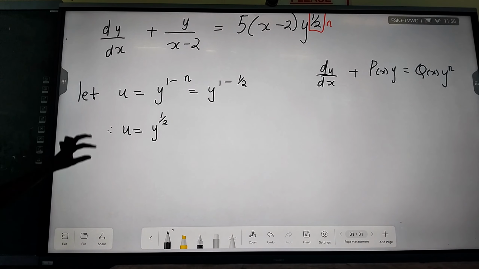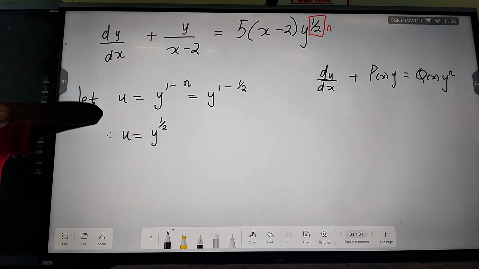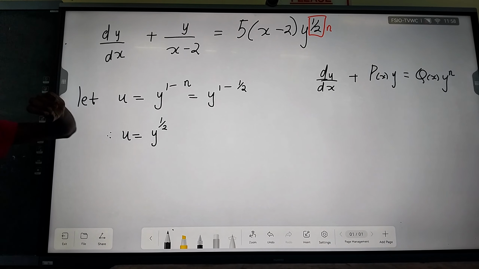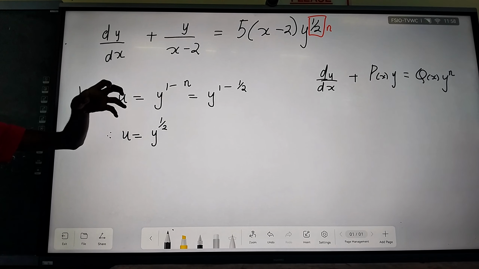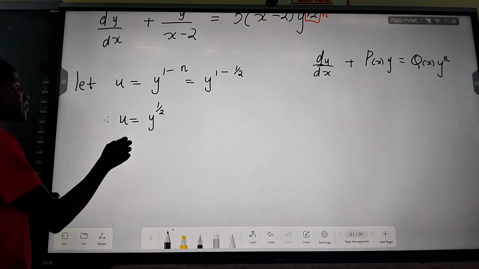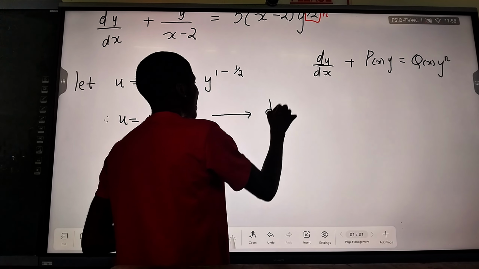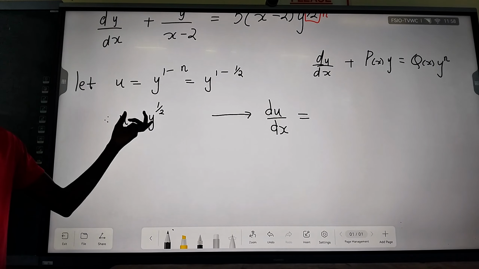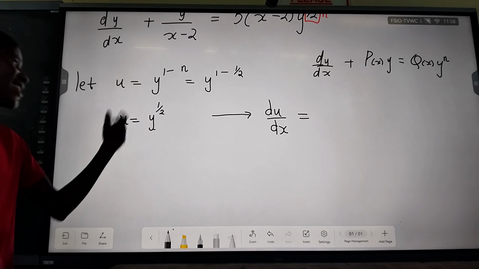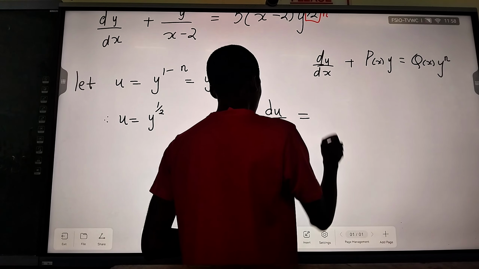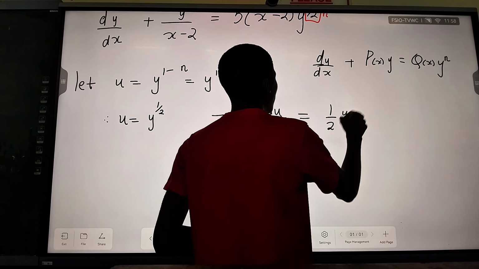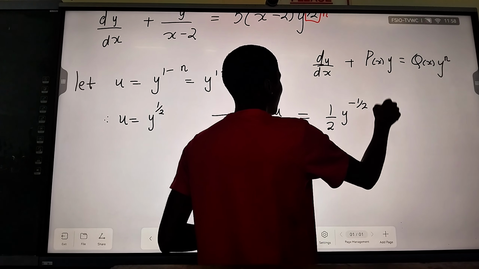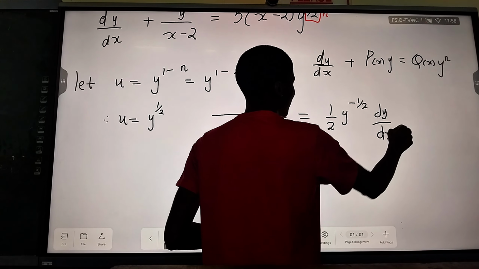From here, remember, we must express this in terms of u completely. So we first need to rewrite dy dx in terms of u. We differentiate u with respect to y, and we get 1 over 2 y to the power of negative 1 over 2, and then dy dx.